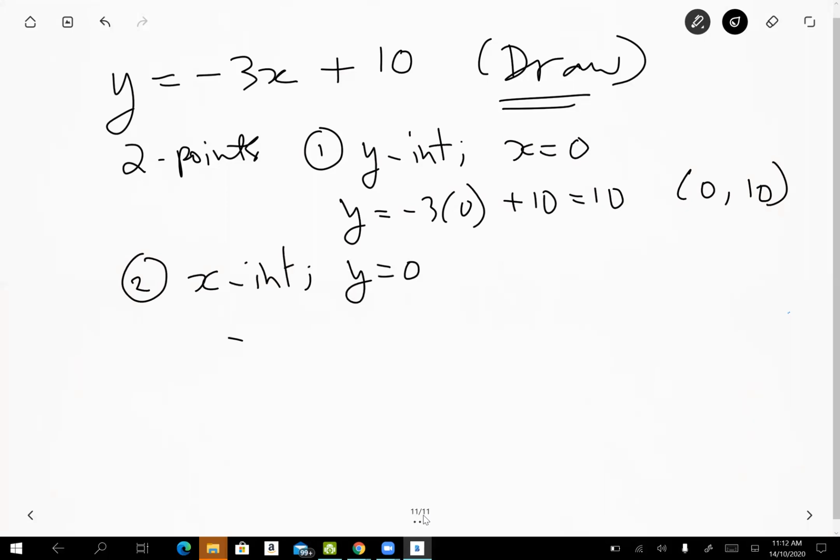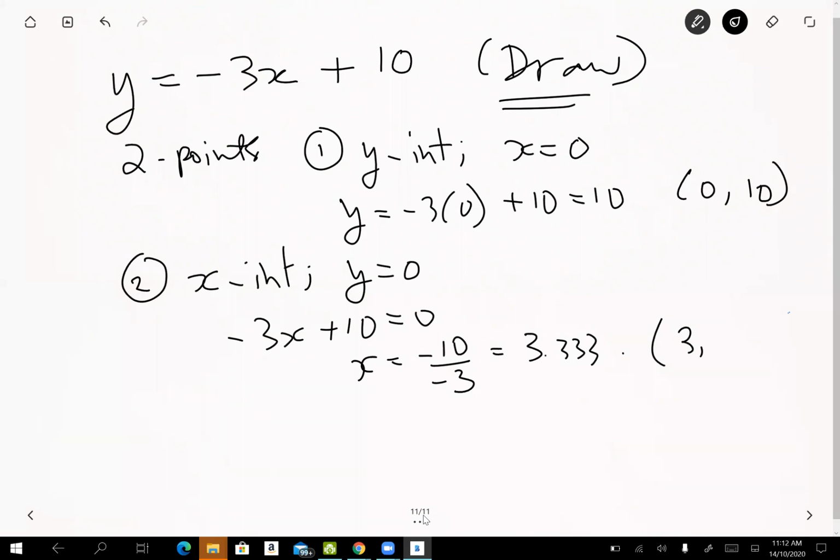So you got negative 3x plus 10 equals 0. x equals negative 10 divided by negative 3, so that becomes 10 over 3, which is 3.333. So this is the x-intercept, 3.33. So you have 2 points.